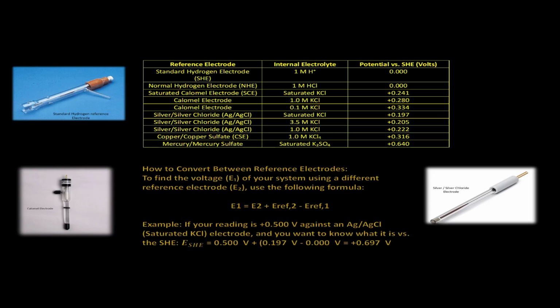Unlikely though, if you had to convert between reference electrodes, the formula to do so is E1 equals E2 plus E reference 2 minus E reference 1.